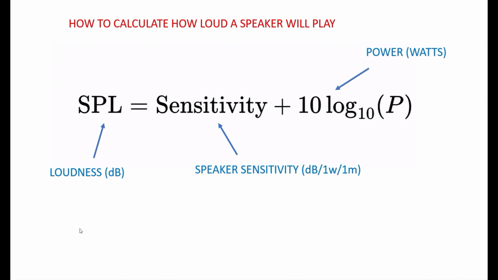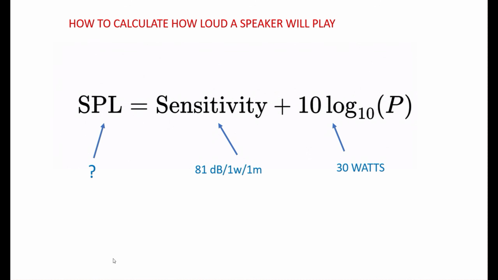So let's say we want to know the loudness of a speaker. We want to put in the speaker sensitivity and the number of watts that we're going to be supplying that speaker. Let's say we have an 81 decibel sensitivity speaker, very insensitive, and I want to put 30 watts in it. How loud would that play? Well, it's 81.